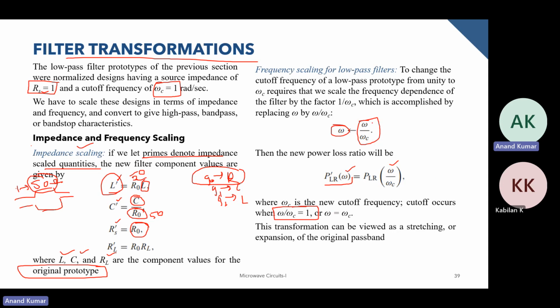So just replace omega by omega over omega c, multiply inductors by R0 and divide the capacitors by R0. You will scale the prototype to a proper low pass filter at the desired cutoff frequency and of the correct impedance values.